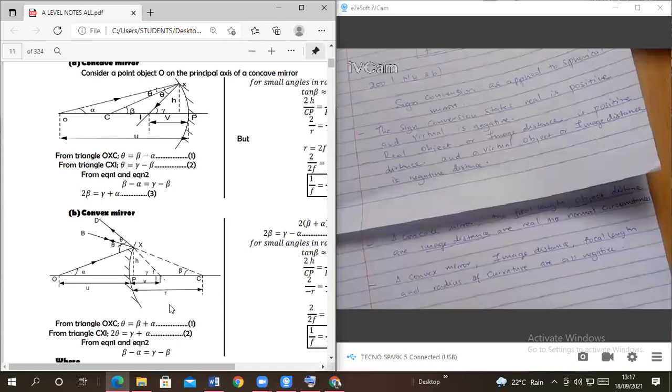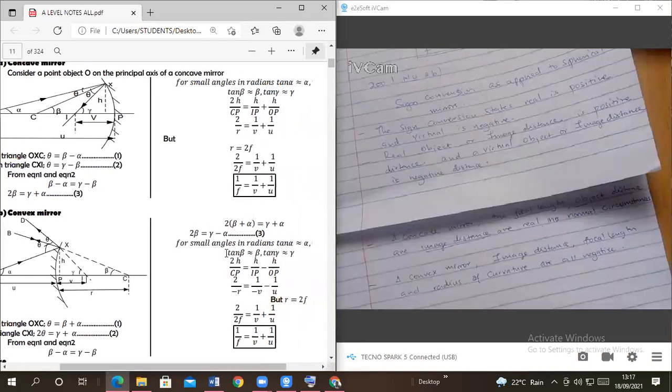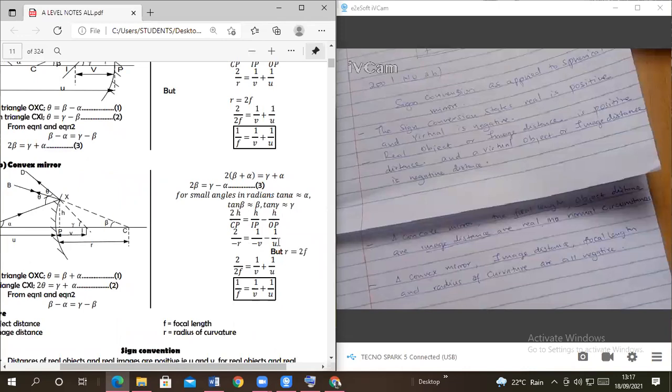That's why even in our derivation, when you reached this point here, we introduced negative R and negative V because we know that R is negative and V is negative.